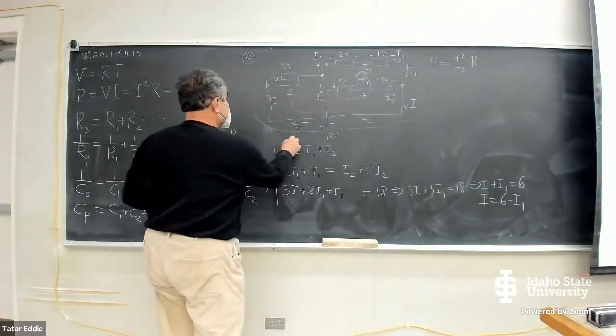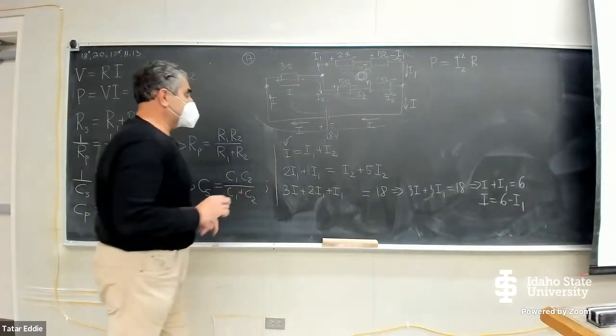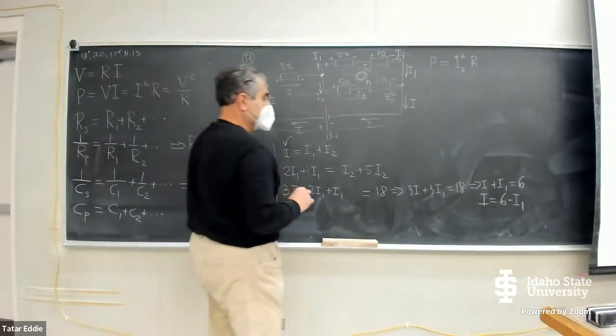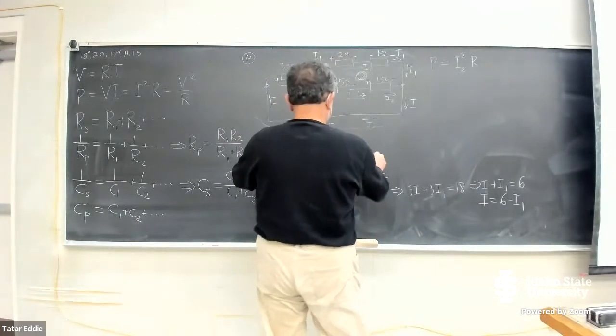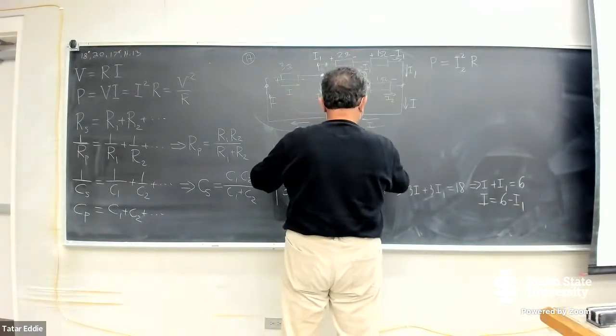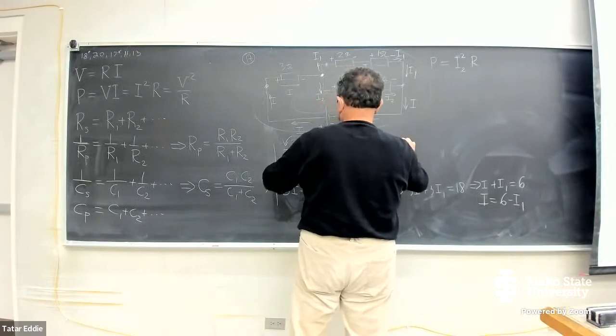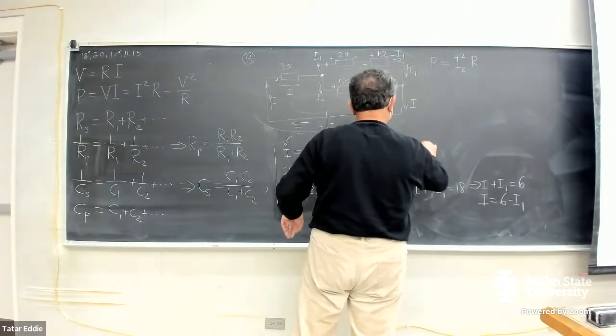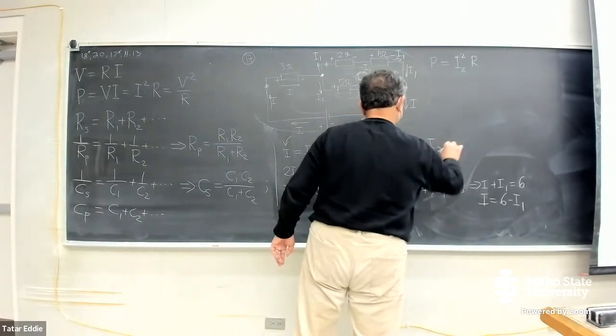Substitute that current here in the first equation, and you're going to get 6 minus I1 is equal to I1 plus I2.